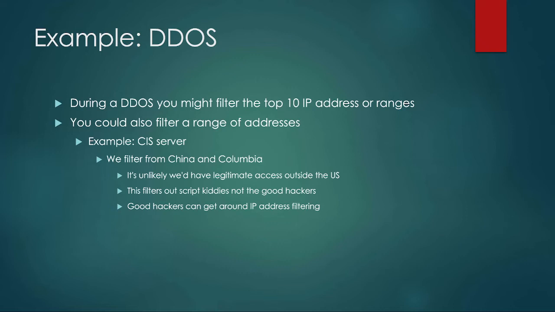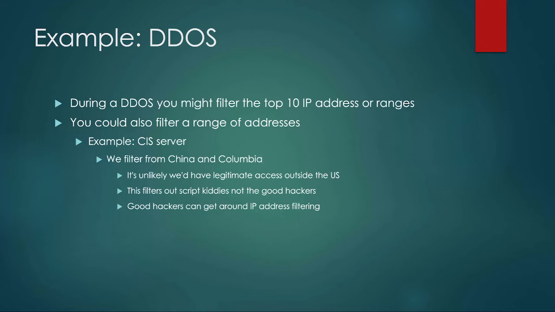Now, because we are a community college and the people that are taking the classes are most likely local to the location of the community college, we could narrow it down that much, but it's very unlikely that we're going to have, say, a lot of people trying to access the server internationally. So the likelihood that I'm going to have somebody who's in China trying to access the server for homework legitimately isn't high, because that server is really only getting used for homework during a semester.